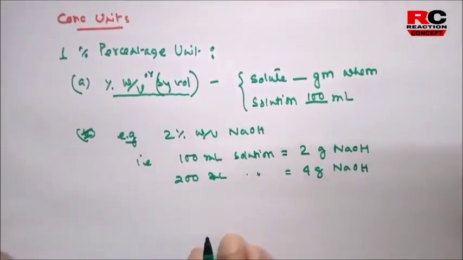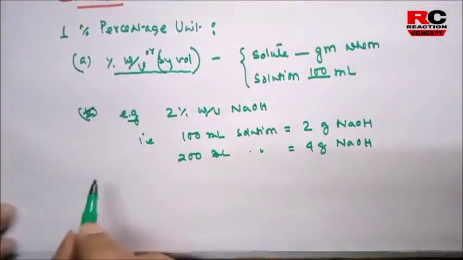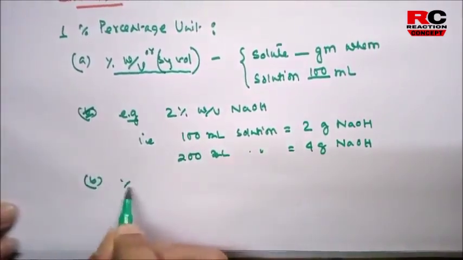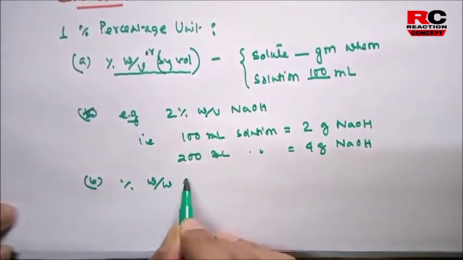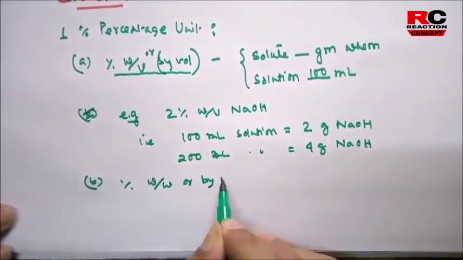There are two other percentage units. These are W by W, or weight by weight concentration.